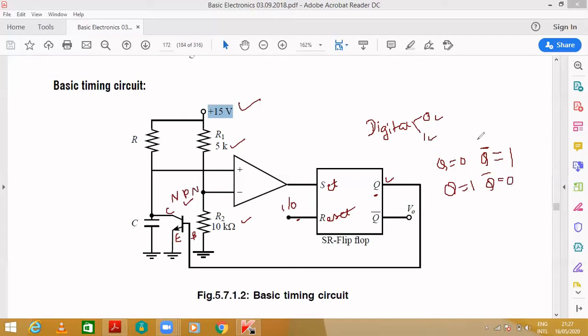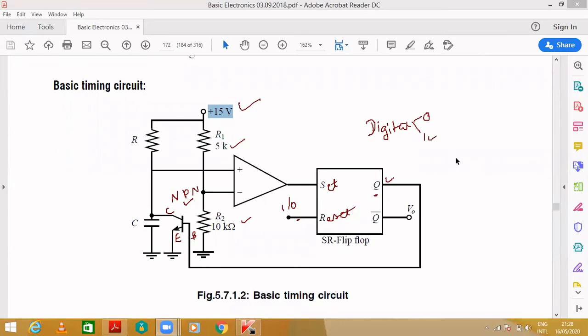Let's see this circuit, just a brief introduction. What is this SR flip-flop?